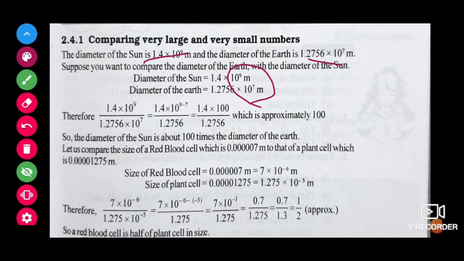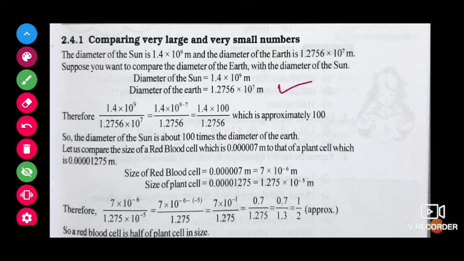After writing it in powers, which power is greater? Whenever the power is positive, the greater power will be the bigger number. Here 10 to the power 9 is the bigger, so 1.4 into 10 to the power 9 is the bigger number.